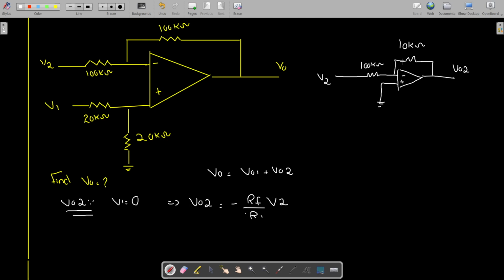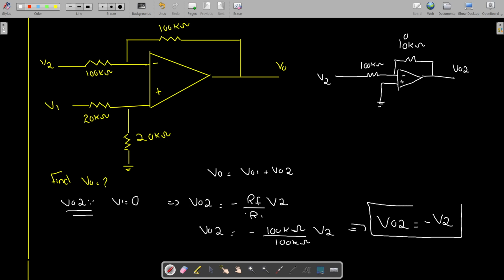Now RF is also 100 kilo ohm, and this is 100 and this is 100. So in this case, both are equal. So I'm going to have minus 100 kilo ohm divided by 100 kilo ohm into V2, which means that VO2 is equal to minus V2. This is my equation number 1. Fine, so we have found the VO2.